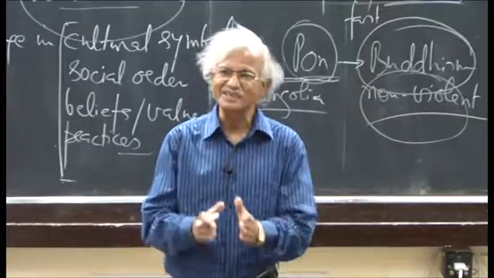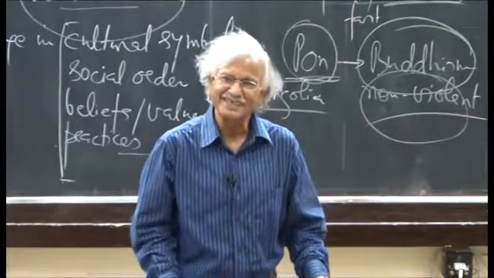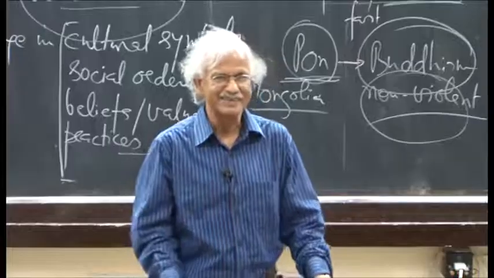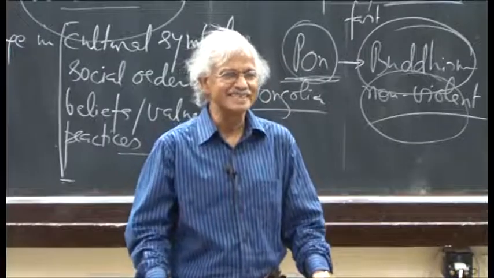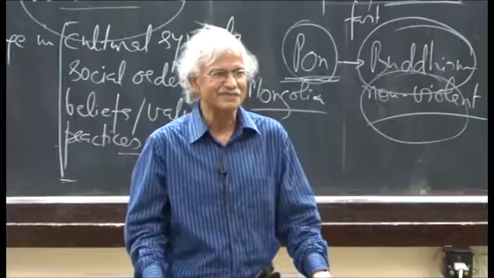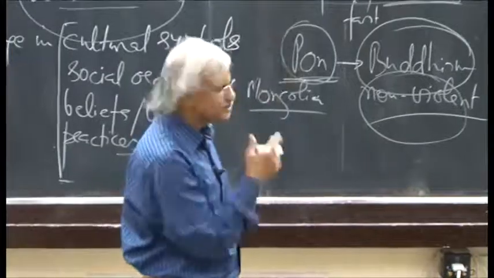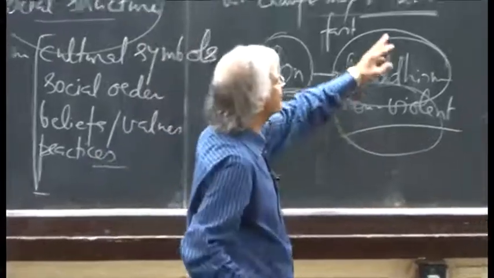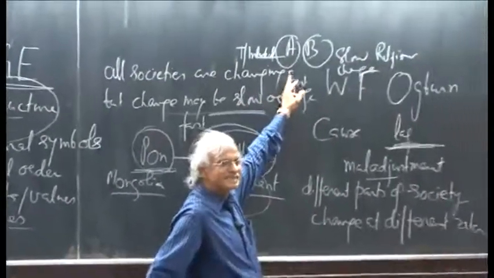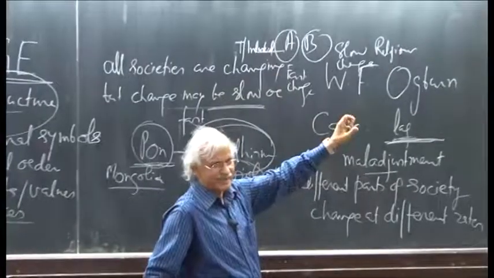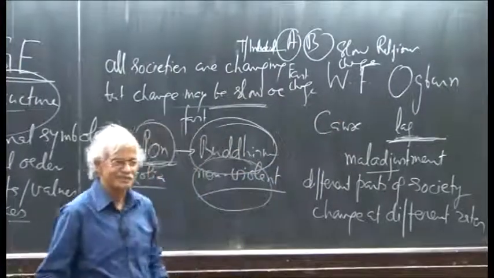So if Hindu religion originated at some time, it will also die sometime. If Islam originated at some time, it will also die sometime. Think, everything is changing, and sociologists believe in this. But some things are changing at a very fast rate. Other things are not changing so fast.